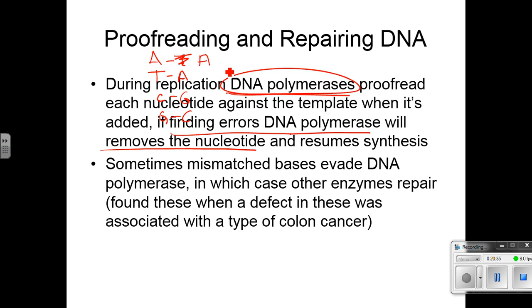The DNA polymerase is going to go in and fix that and make it right. Sometimes that doesn't happen. The enzymes don't work properly. Usually, something else later on, another enzyme is going to come in and fix it. But in some cases, it doesn't, and that can actually lead to cancer if you don't have proper DNA proofreading or repairing mechanisms.